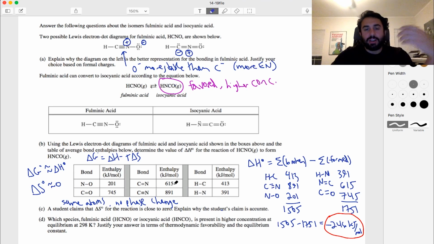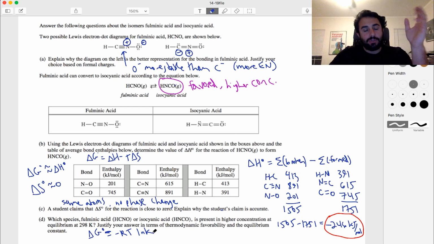Now, the other way to justify it mathematically is to say that delta G equals negative RT ln K. And so in order for delta G to be negative, the way that logs work, we're going to need a K that is greater than 1, right?